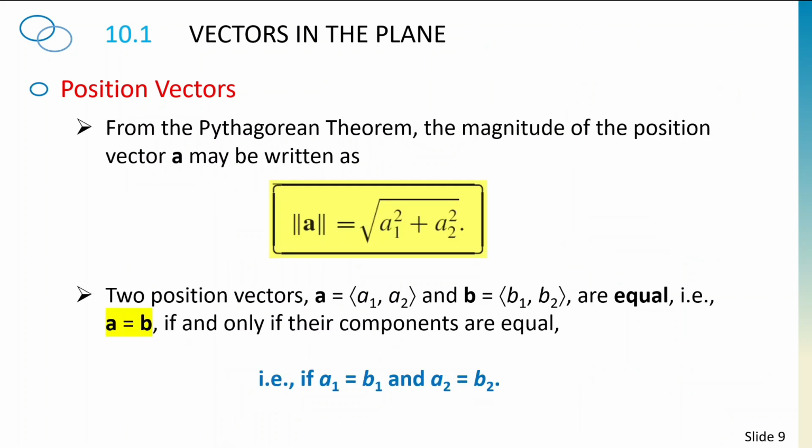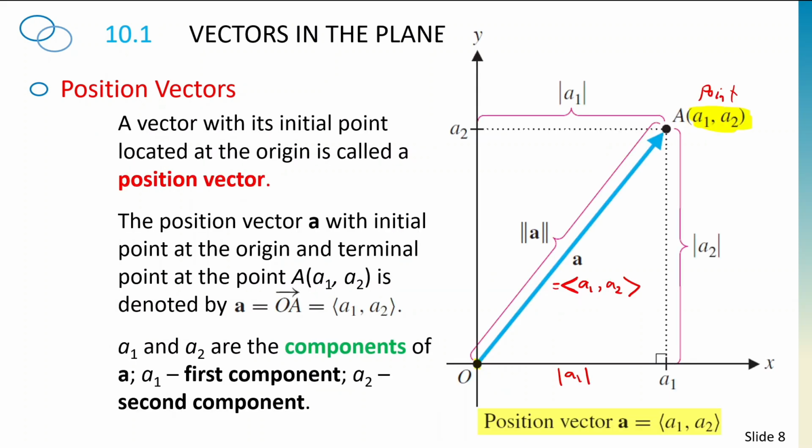Okay, let's see next, what do we have? Now we need to find the length of the vector. How do we find the length of the vector? If you look at this triangle that we created, this is a right triangle. The magnitude of the vector is the same as the length of the hypotenuse, for which we can use the Pythagorean identity.